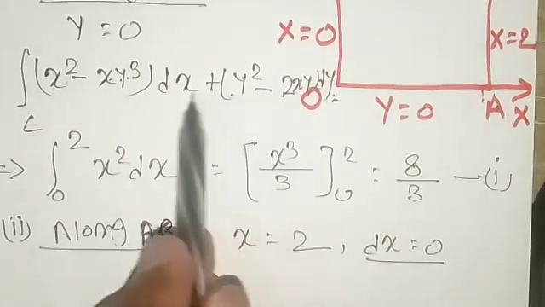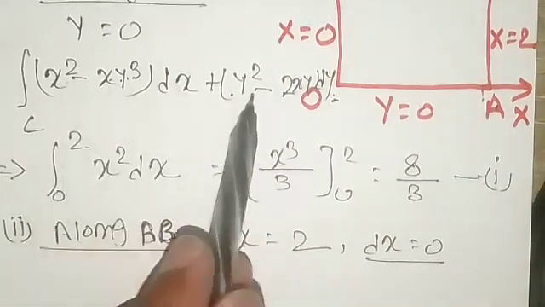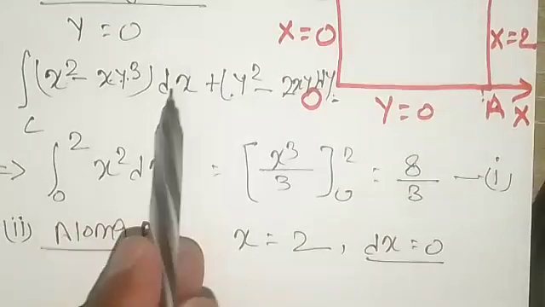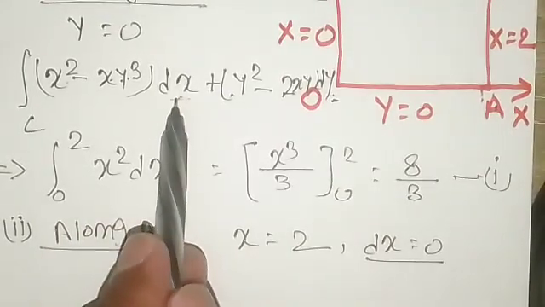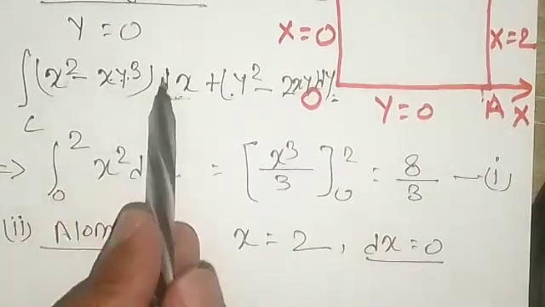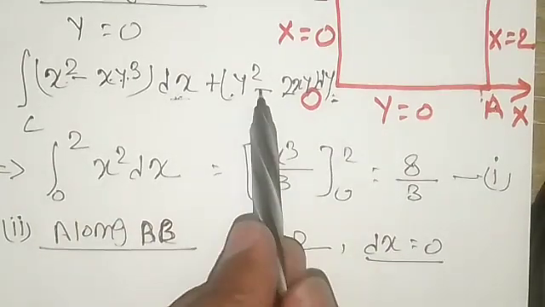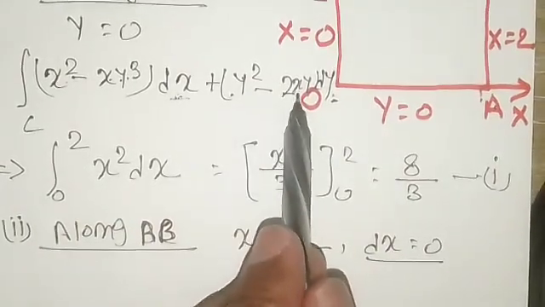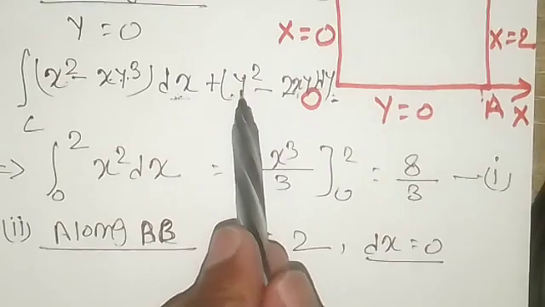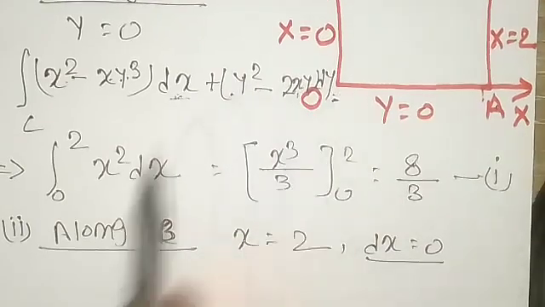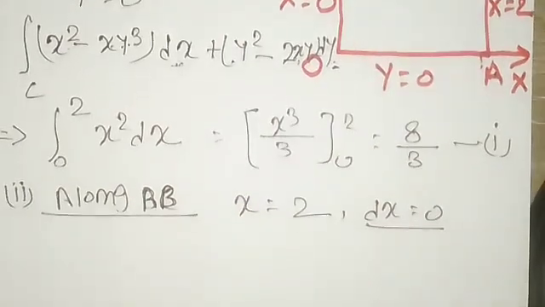So if this is your given curve, M dx plus N dy, in this equation dx becomes 0. So when dx is 0, that means this whole term will be 0, so only this term remains, and in this you have to put x as 2, so this equation will become (y² − 2·2y) dy, that is (y² − 4y) dy.